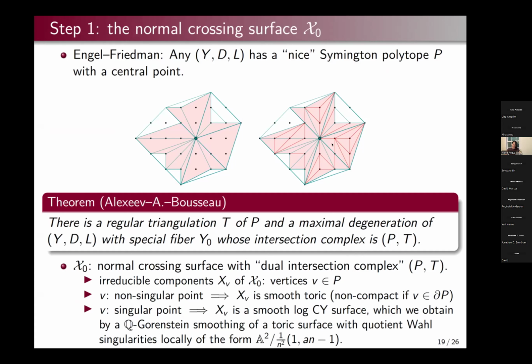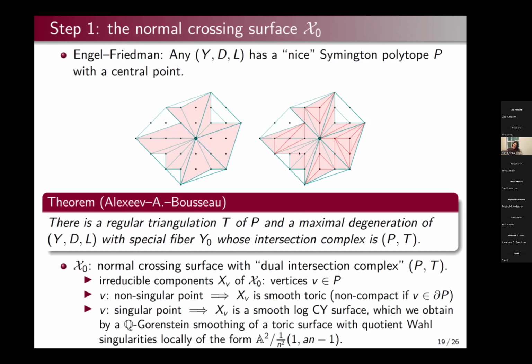And out of this data, we explain how to construct a normal crossing surface whose dual intersection complex is this subdivided Engel-Friedman polytope. So the irreducible components of such a normal crossing surface will be in correspondence with toric varieties.